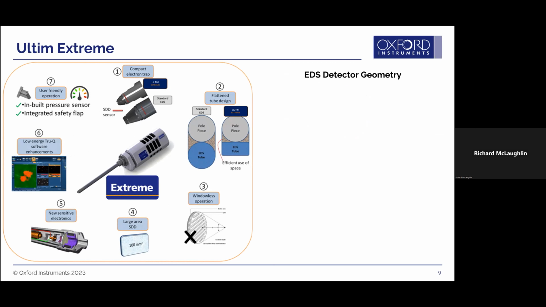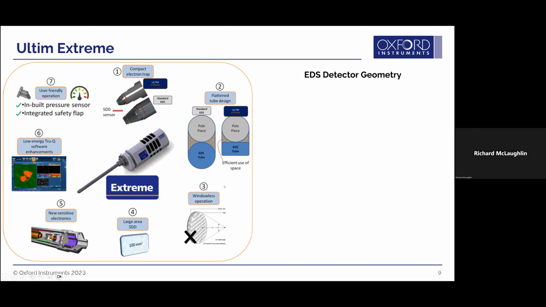And that's just a more efficient way to get that snout of that probe closer to the sample. Because you have a round tube, often you hit the pole piece of the microscope before you get really close to that sample. So we've overcome that by changing the shape.